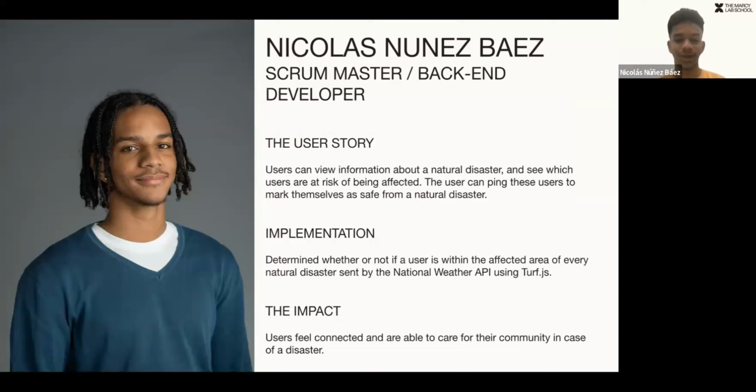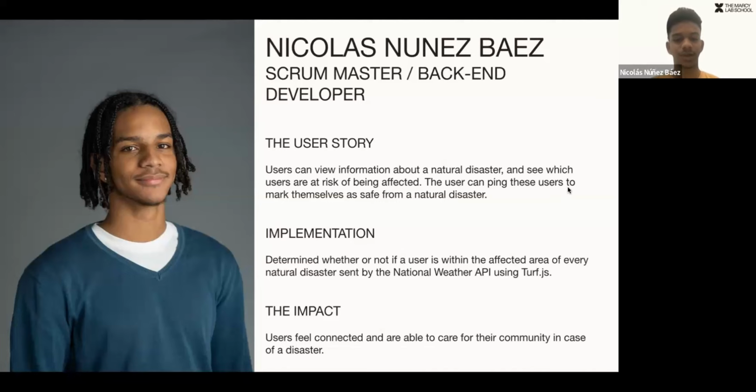The user story that I was tasked to implement was the user being able to view information about an active natural disaster, as well as seeing which users are at risk of being impacted by the natural disaster. I implemented this by fetching the active natural disasters from the National Weather Service API, as well as a list of users that have an account with our site.